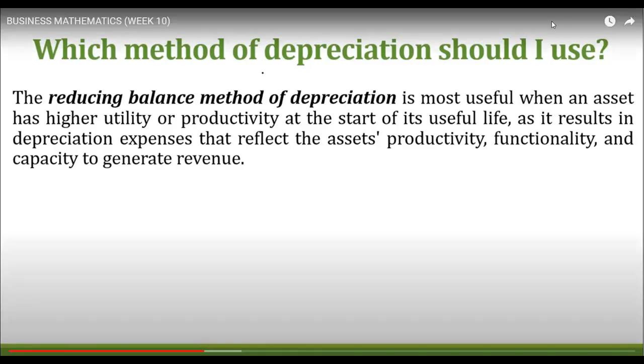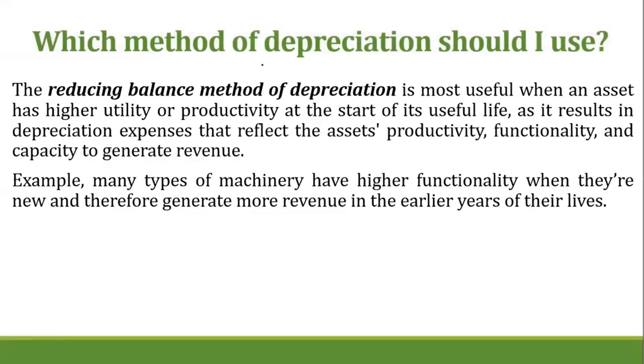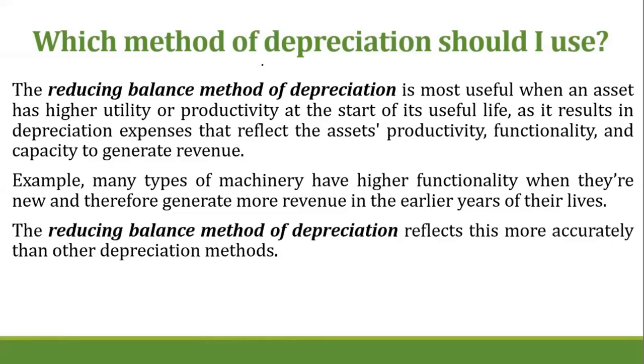For example, there are many types of machinery that have higher functionality when they are new and therefore generate more revenue in the earlier years of their lives. So they have higher functionality, which is why you need to recover your cost before the asset depreciates. The reducing balance method of depreciation reflects this more accurately than other depreciation methods.